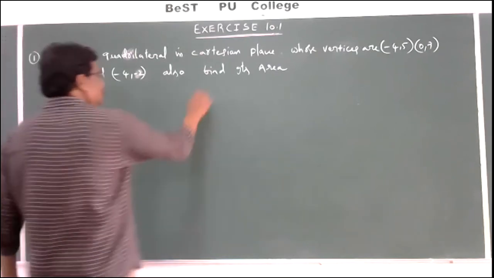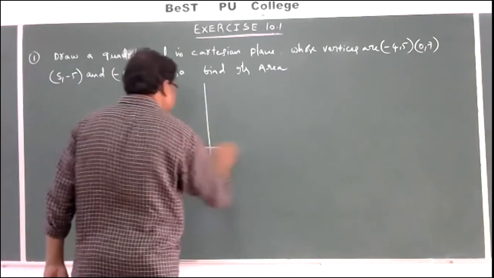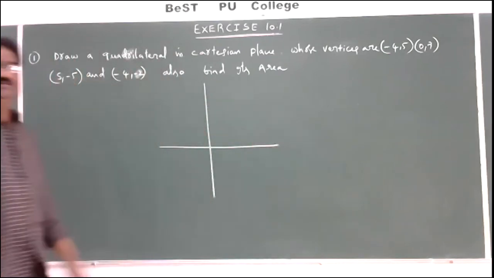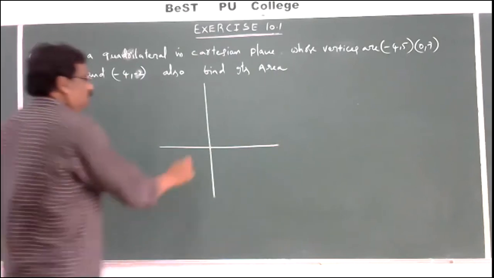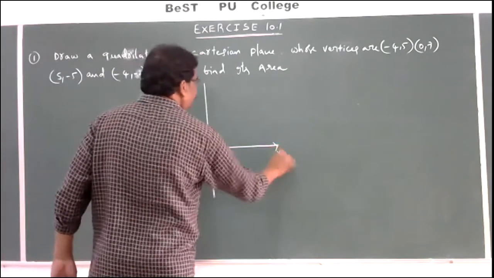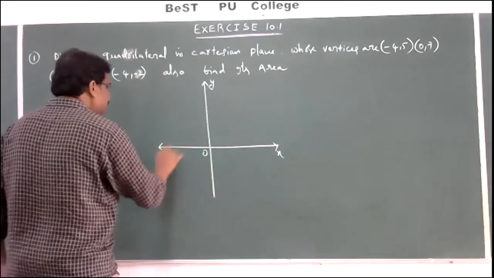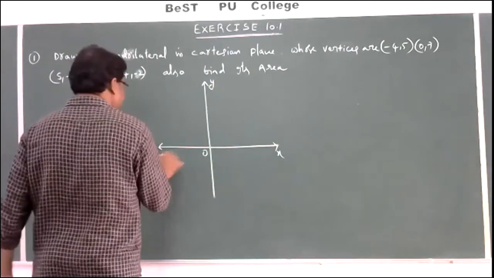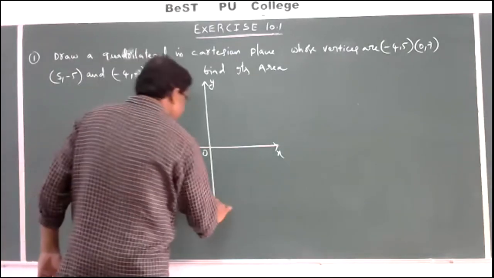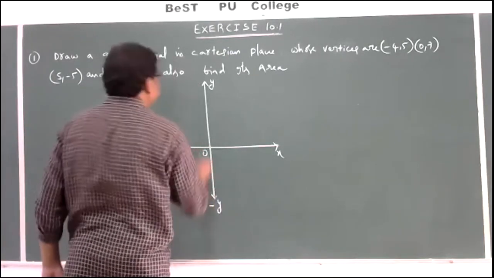For example, this is the coordinate axis. This is the origin. This is the positive direction of the x-axis, the positive direction of the y-axis, the negative direction of the x-axis, and the negative direction of the y-axis.